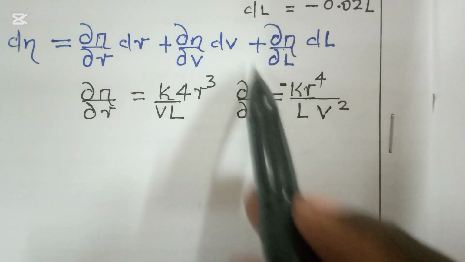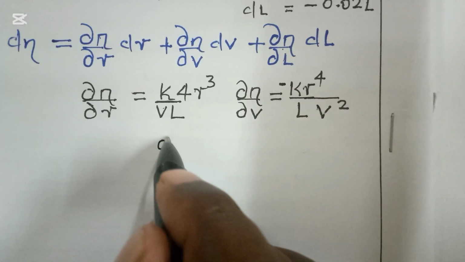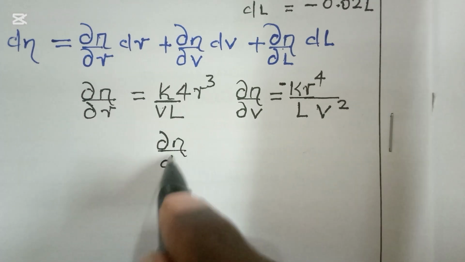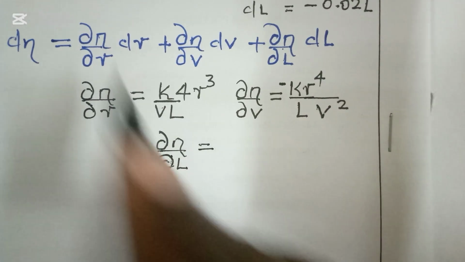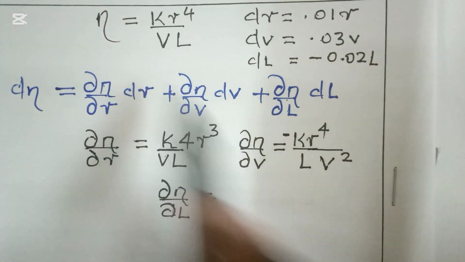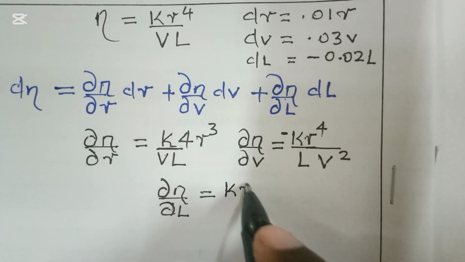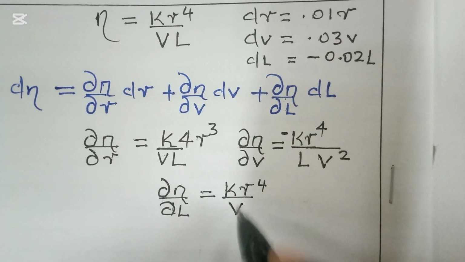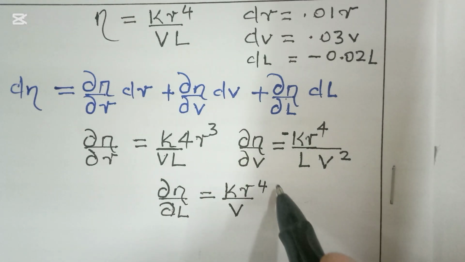Guys, we now come to the derivative of eta with respect to L. So this one we shall get K R raised to 4 all over the V, and we put L here raised to -1.